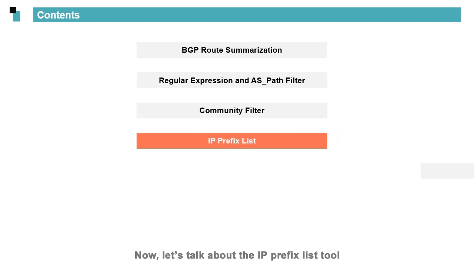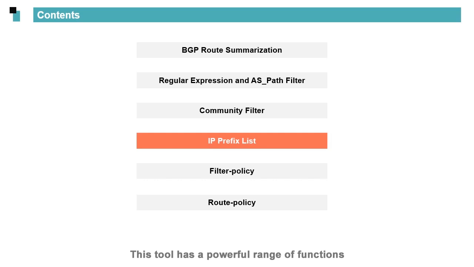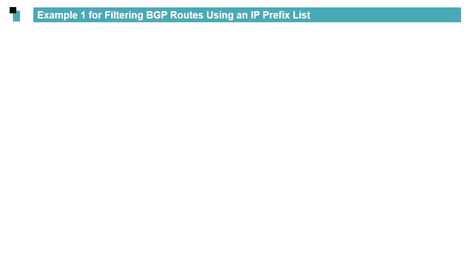Now, let's talk about the IP prefix list tool. This tool has a powerful range of functions and can be used to match the prefix length and prefix length range. In BGP, the IP prefix list tool can be used to filter routes.